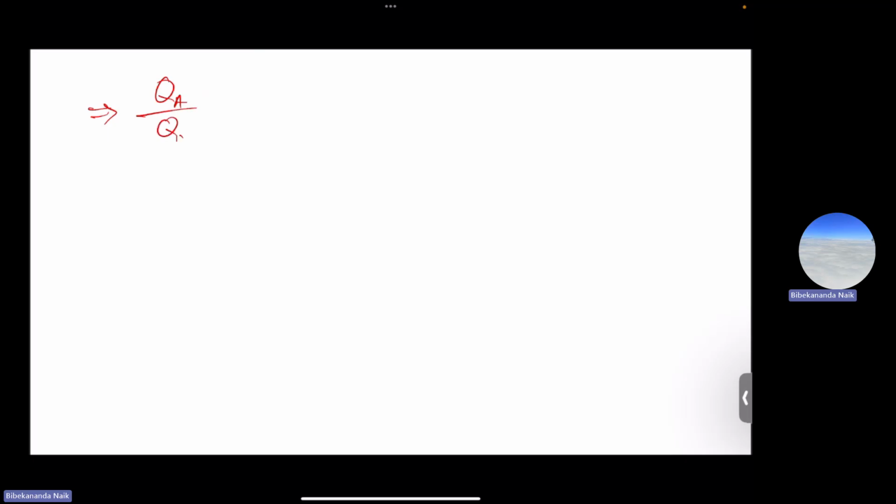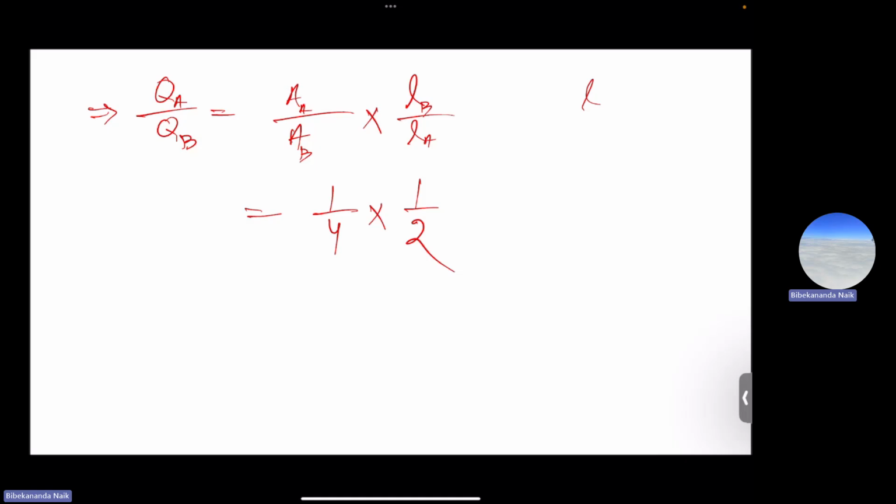QA by QB will be equal to AA by AB into LB by LA. So AA by AB will be 1 by 4 into LB by LA, 1 by 2, because the length LA by LB is 2 by 1.